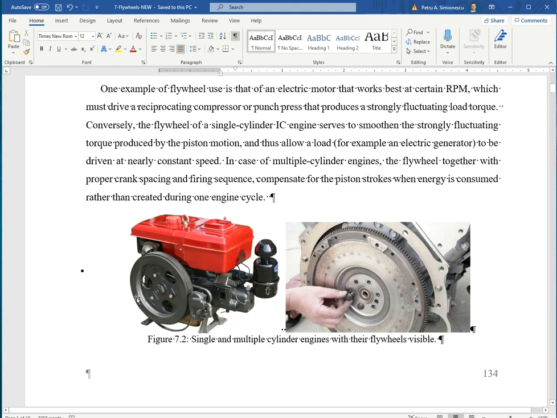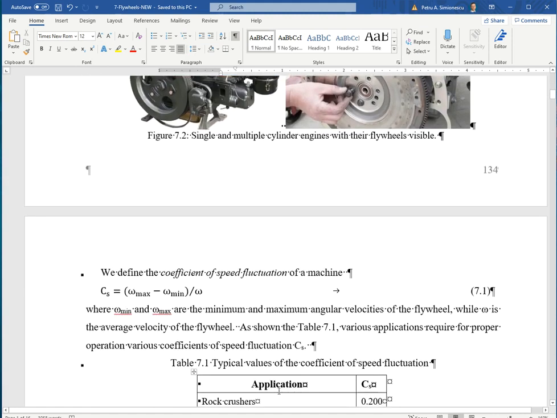Flywheel also takes the slider crank of the engine off its dead centers, the zero transmission angle configurations of the top dead center and bottom dead center.